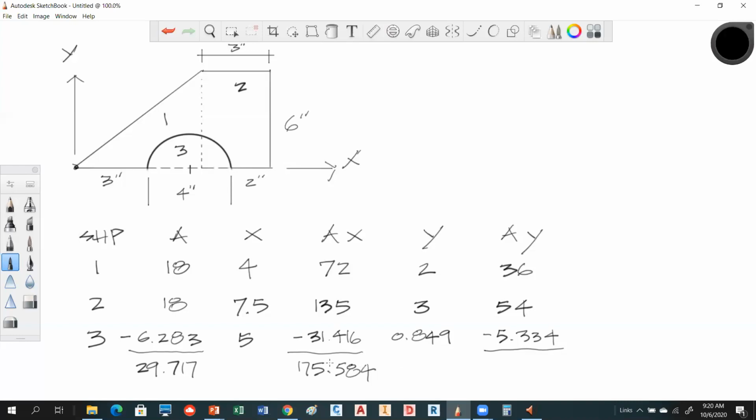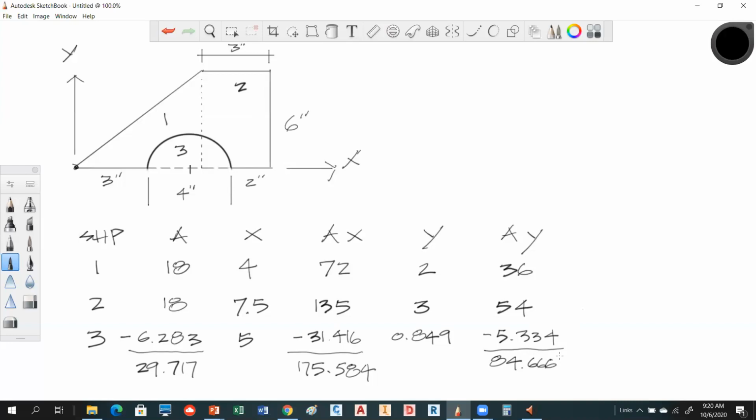And then the other sum, 36 plus 54 minus 5.334, looks like 84.666. Okay, you guys agreeing with my sums?